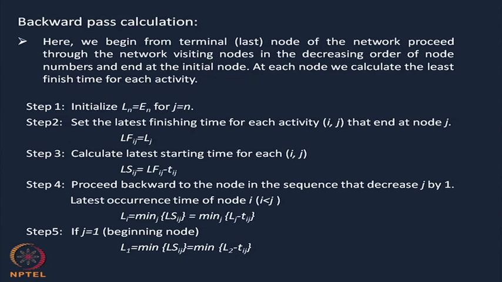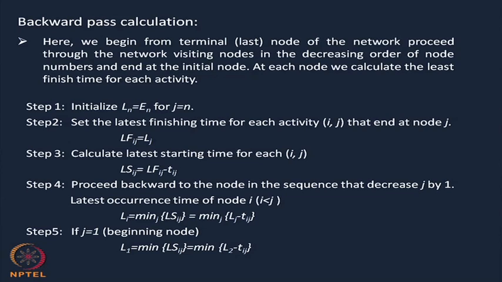And in step 5, when j equals 1, L1 becomes the beginning node, that is L1 equals the minimum of LSij, meaning LS12. So, it will be the minimum of L2 minus Tij, whatever calculation you are getting. So, this is for the backward pass.